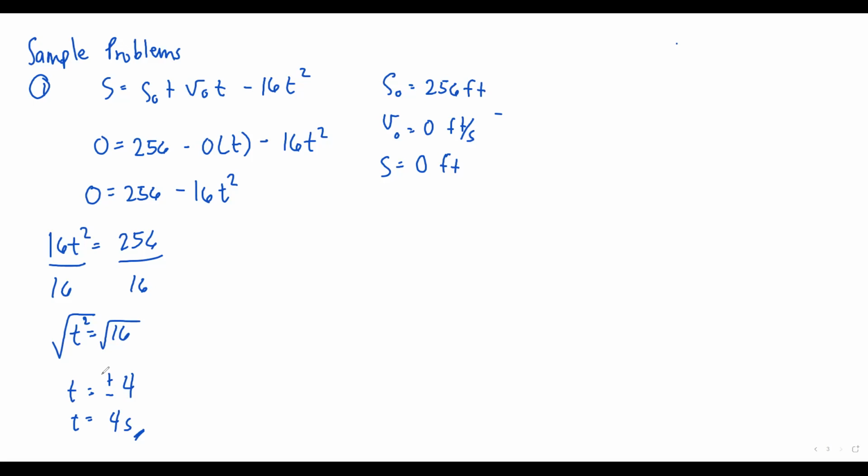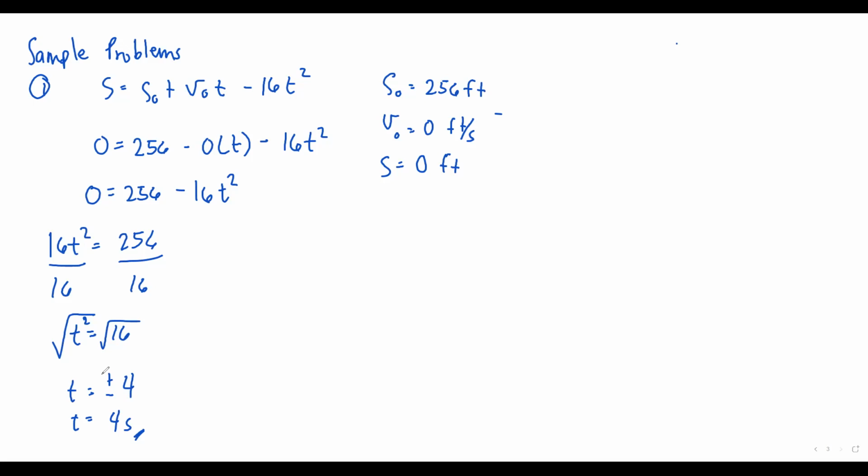Dahil wala naman tayong negative time, because we don't have a time machine, kasi kung may negative time tayo, pwede na yung time traveling. So dahil hindi pa valid, technically, t is equals to the positive 4. So t is equals to 4 seconds. Okay?